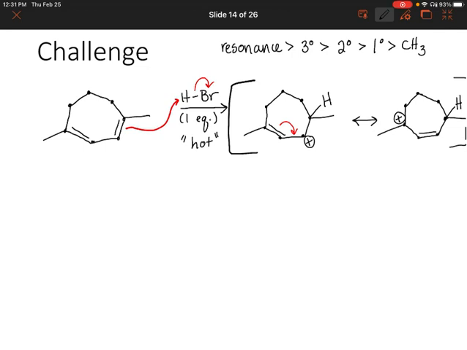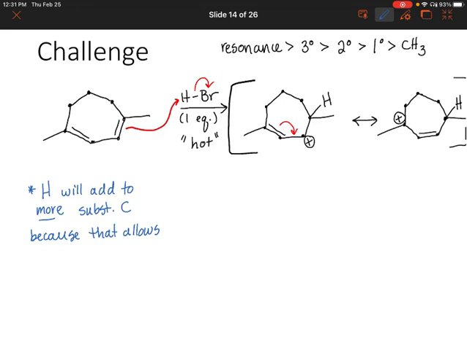Okay, so again, let's just make a little note off to the side. H will add to more substituted carbon because that allows for resonance, which is more stable.